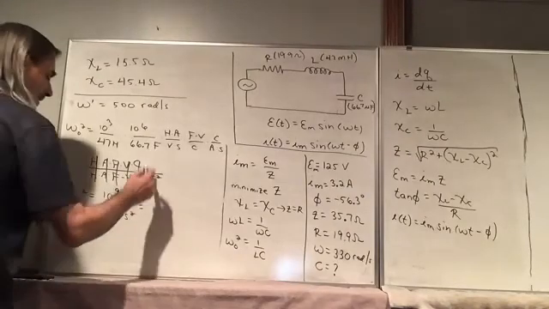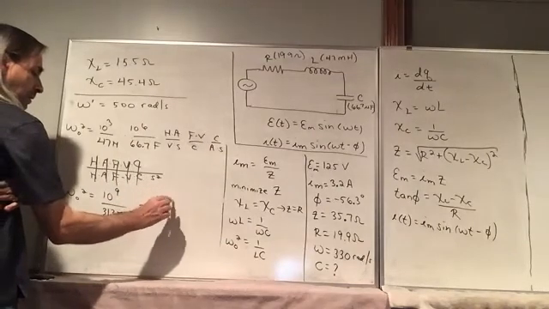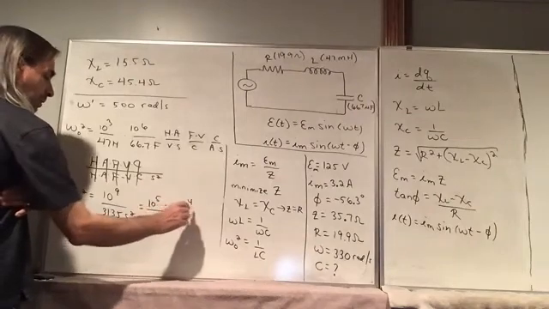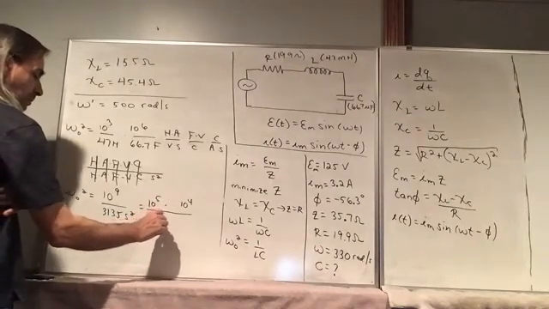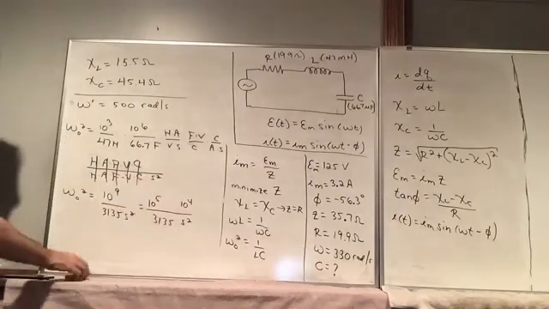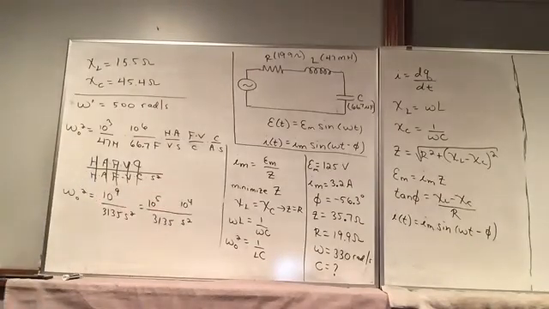I'm going to write this as 10 to the 5th times 10 to the 4th. Let's do it like that. And again, I'm just doing it this way because I want an even exponent here to take the square root. So I can do 10 to the 5th over 31.35. So I'm getting 31.9.